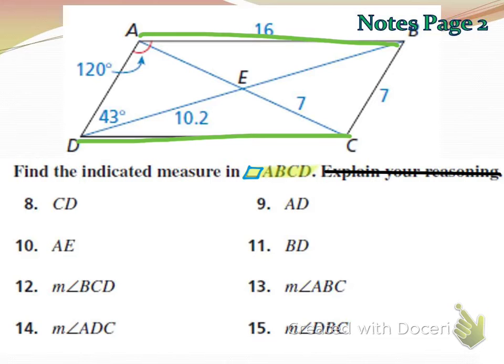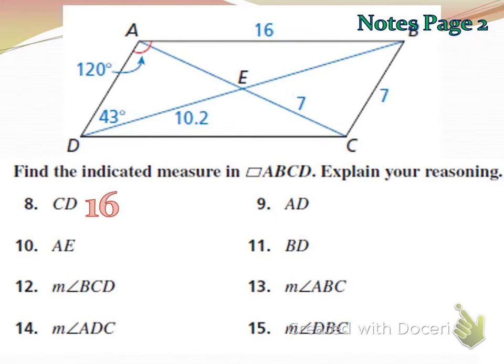16. It's congruent with the side it's opposite to, which is 16. AE is part of a diagonal, so the length of AE will be 7. BCD is an angle. What's the vertex of BCD? C. So when we say BCD, we're talking about this entire angle.